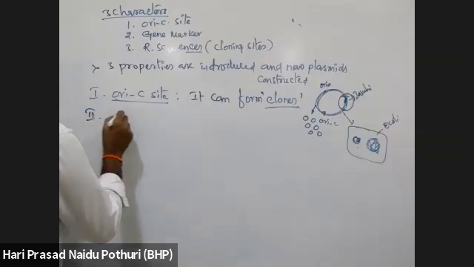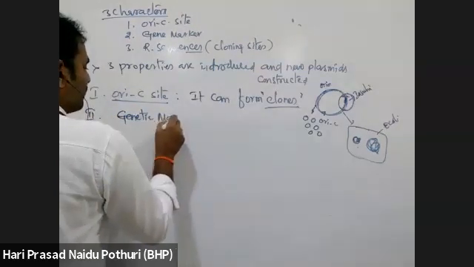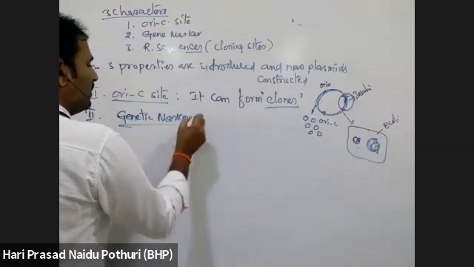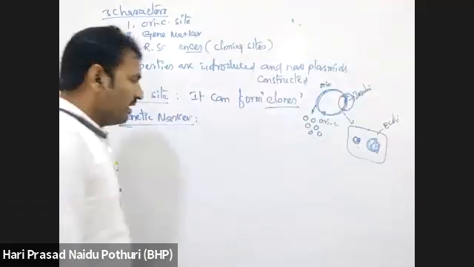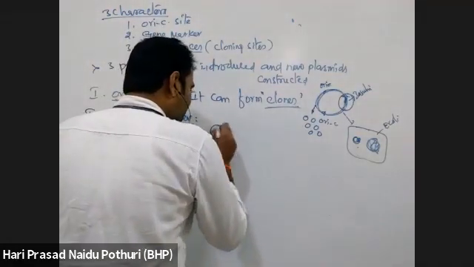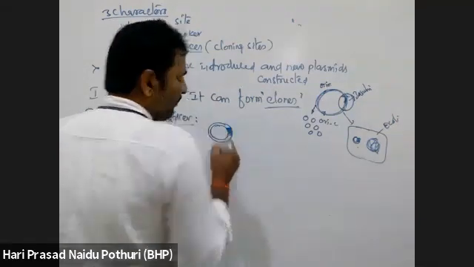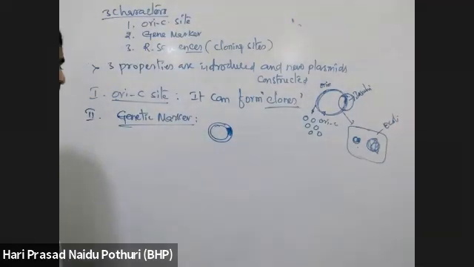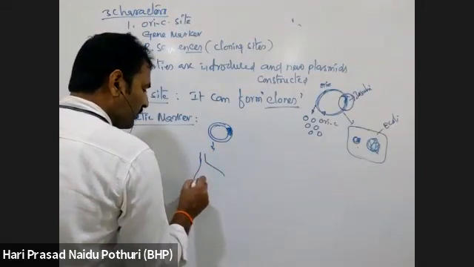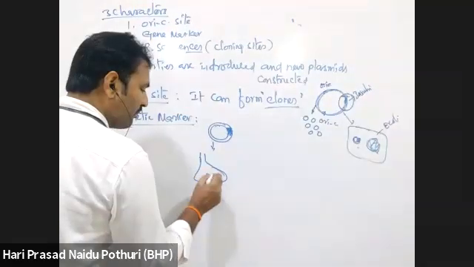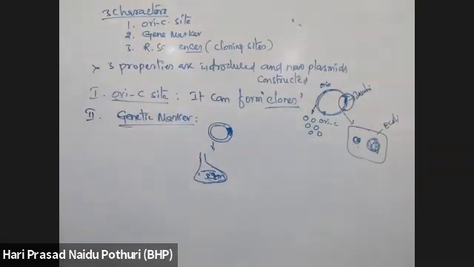Second one is the genetic marker. What is a genetic marker? Usually, when we construct rDNA, this rDNA is transferred into a medium where a number of bacteria are growing.